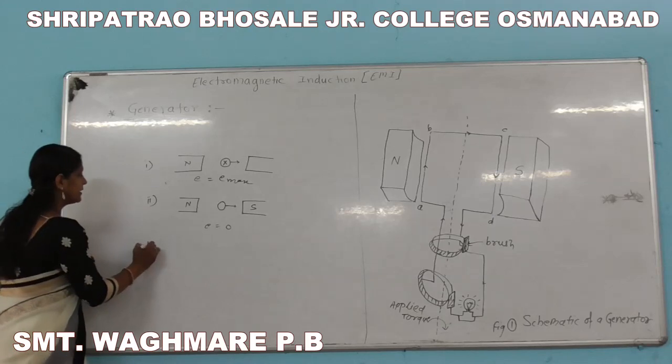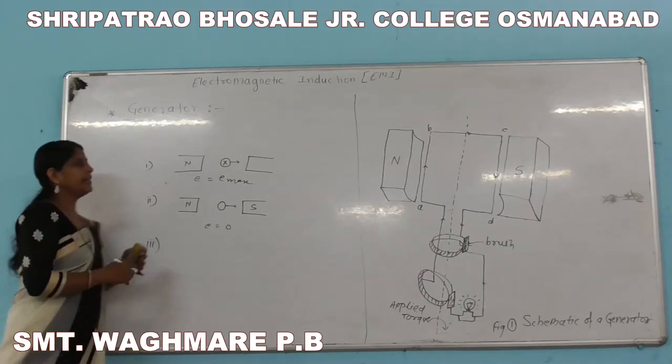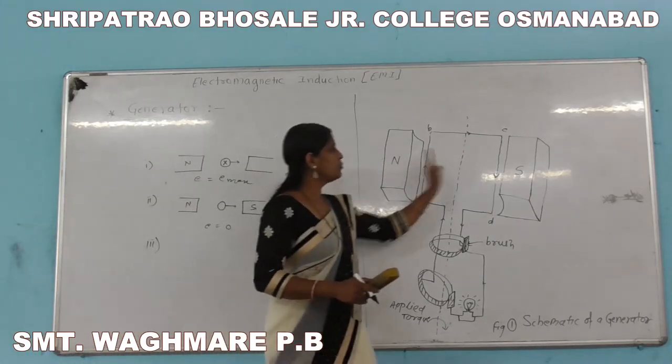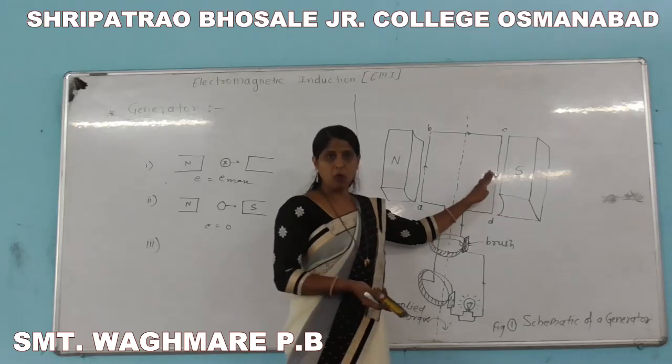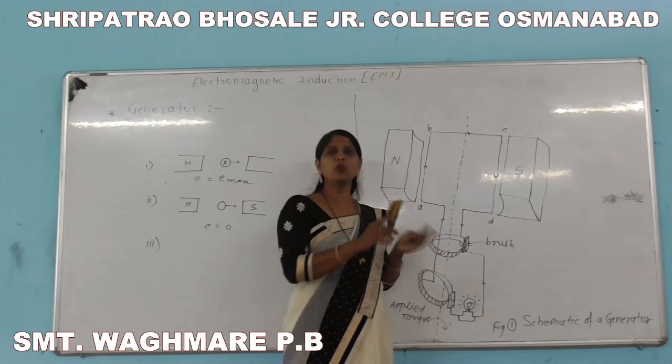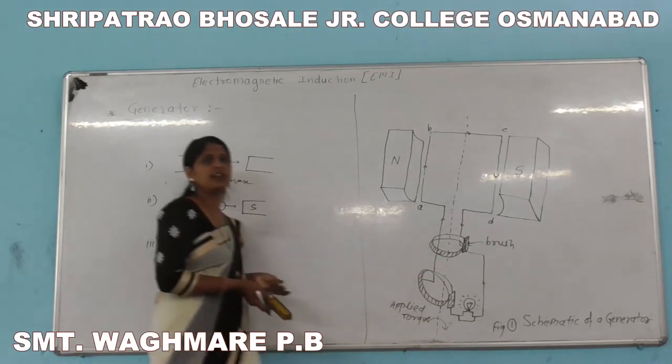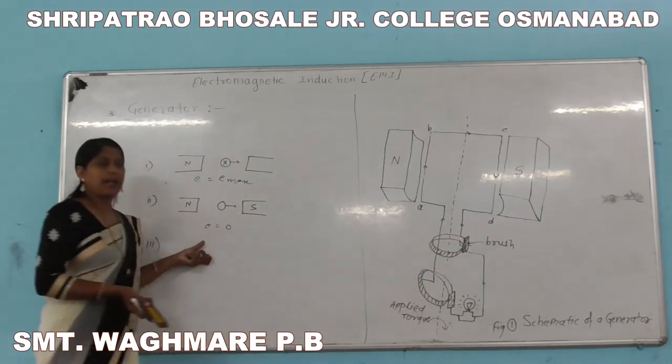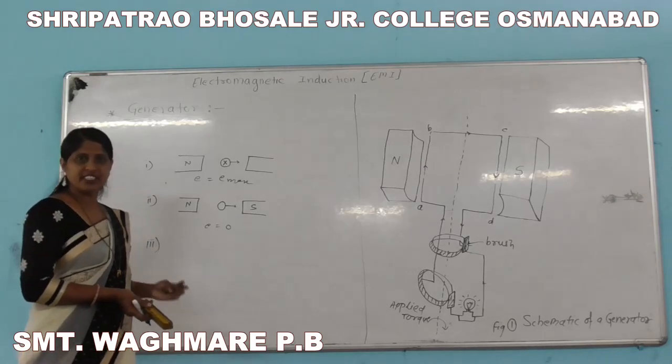And in the third case, when this side is moving in the downward direction, this side will become this side and this is moving in the downward direction, then the direction of current changes.